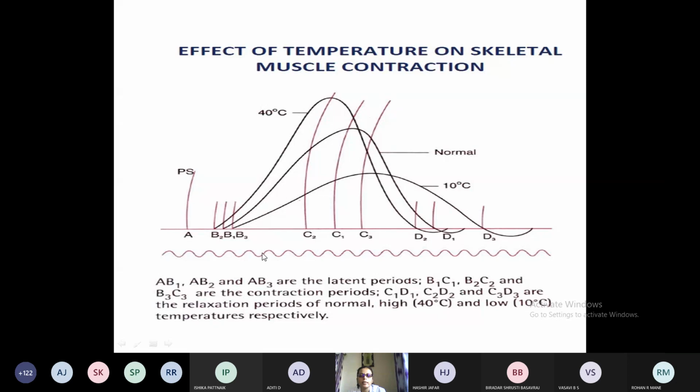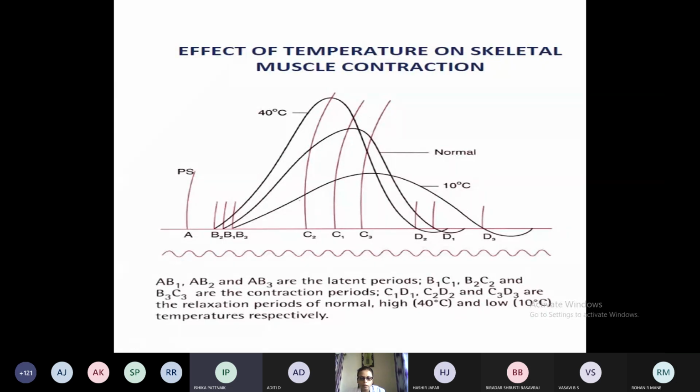It will inactivate the proteins present in them, so that we cannot do this further for another temperature. So we use the high temperature first, and later the cold temperature. Are you getting my point? Yes, ma'am. Thank you.